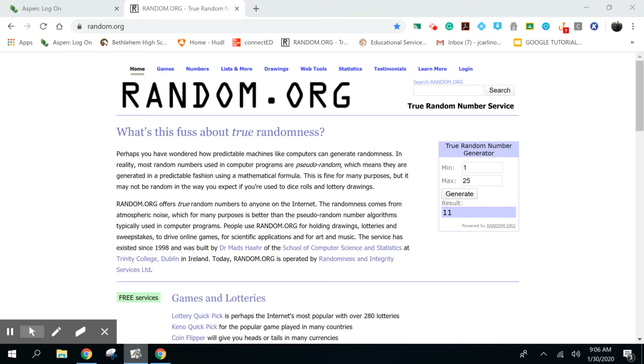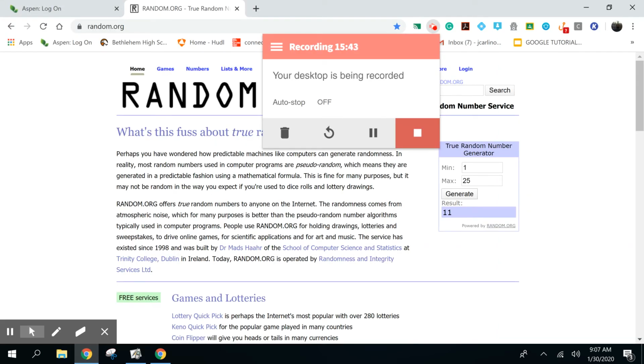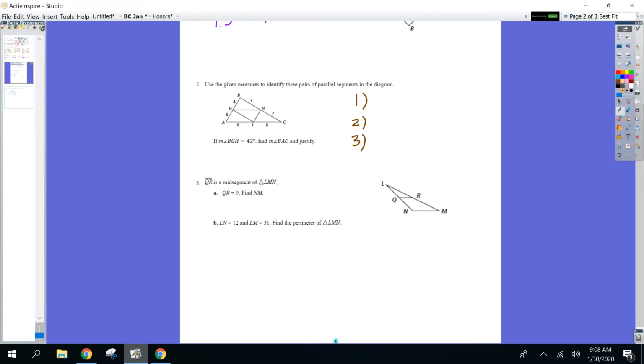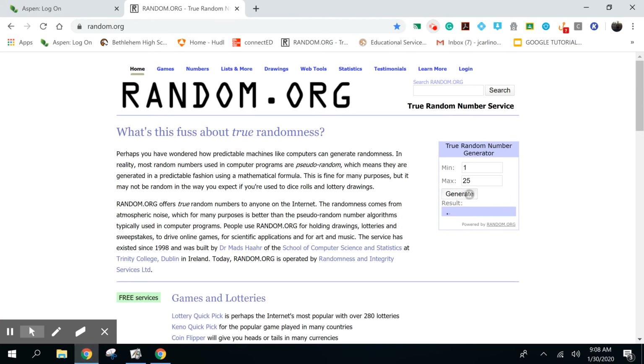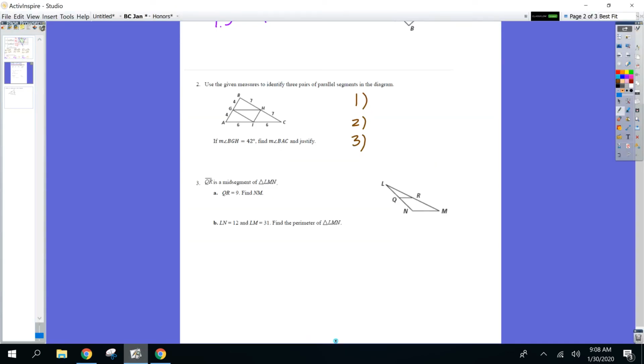So give me 3 pairs of parallel segments, and then tell me what the other angle has to be. I'm going to get going here. One pair of parallel lines for me. One pair I have up here. What is it again? HIN? Yep.